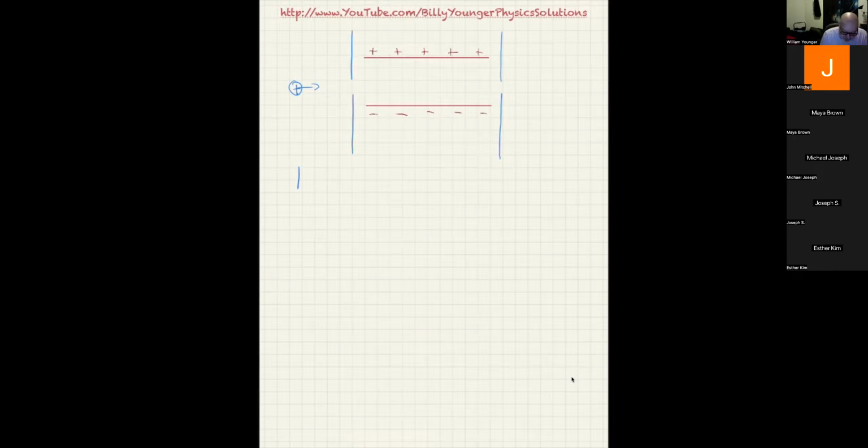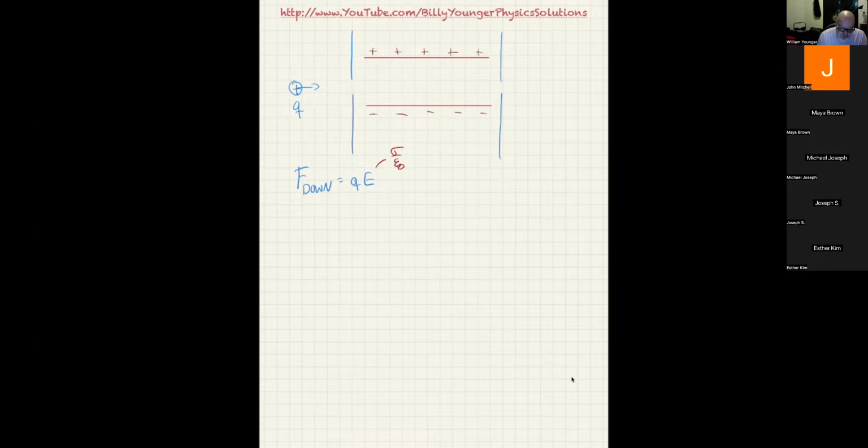So in fact, F down is going to be equal to the charge Q times the electric field. Now we know for a capacitor, the electric field technically would be sigma over epsilon naught, but that part's not relevant to us. All we care about is an electric field. Okay. So we're just going to say Q times the electric field because the electric field is pointing down.